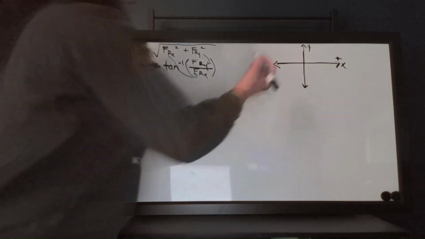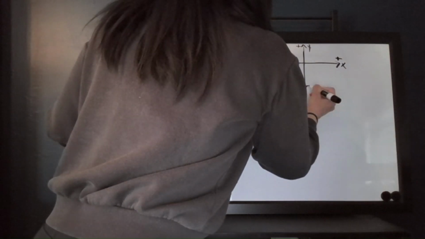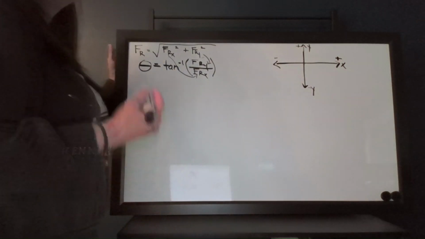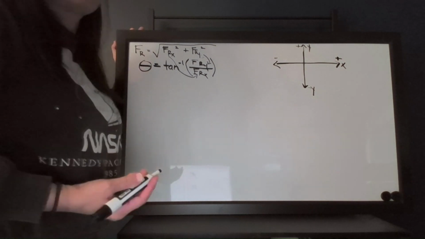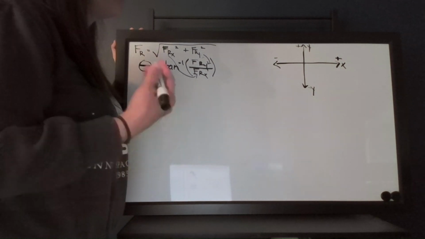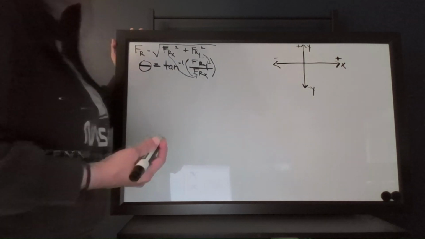Negative x goes to the left. Positive y is pointing upwards. Negative y points downwards. I'm sure you already know this from your previous math classes, but I like to draw it out to remind myself, because a lot of students get the signs wrong.